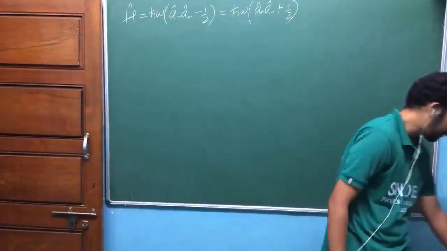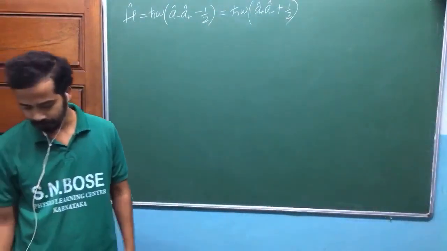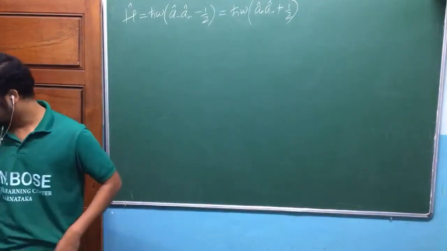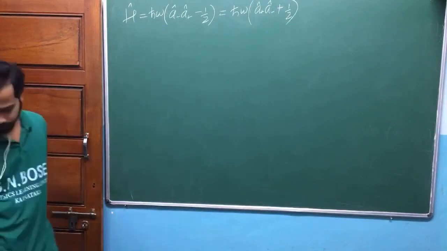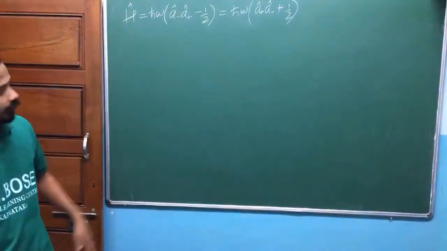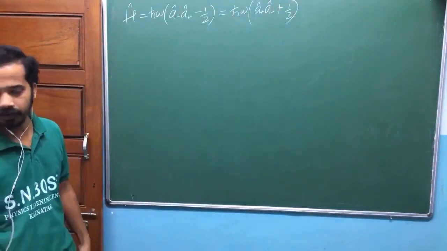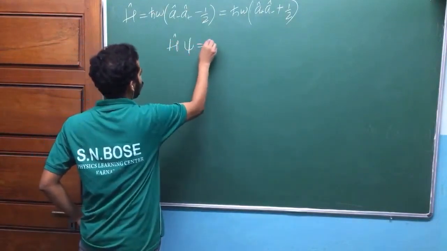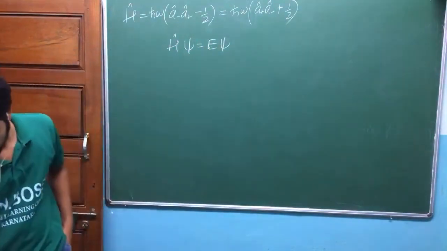Observe this further step very carefully. In this one you will have many properties of this ladder operator also. Now suppose I take some state. I take the Hamiltonian and apply it on the wave function. What should I get? H cap into psi. I should get E into psi. Am I right? E is energy.